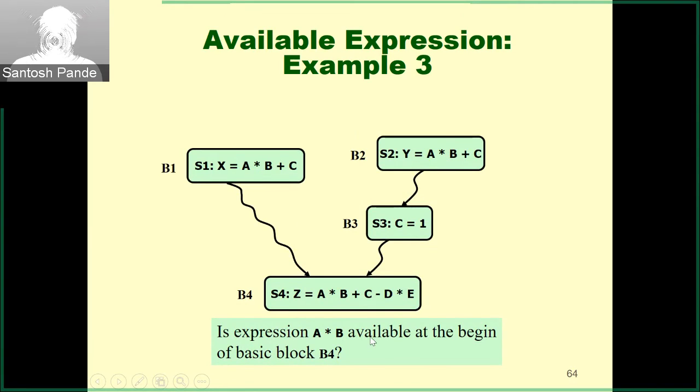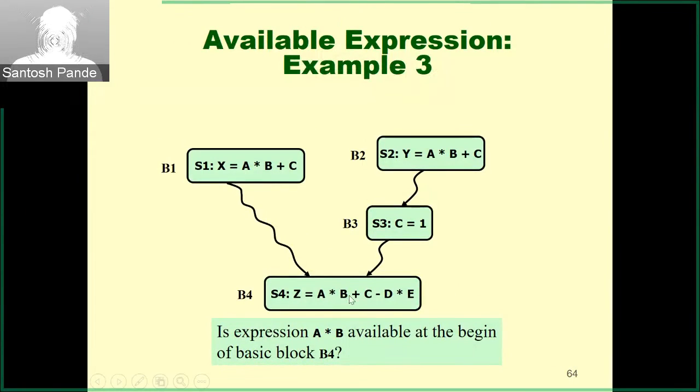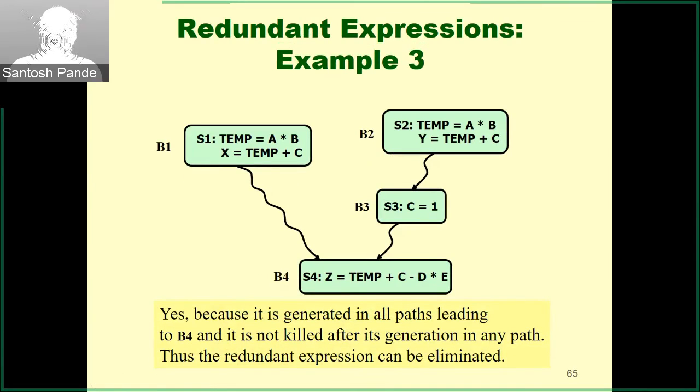And that is the same as this A star B in S4. Similarly, in S2, whatever A star B is, it is the same as A star B in S4. And so we can just evaluate the expression once, assign that to X, assign that to Y, and whatever that value is, we can just take it and use it here. And that's how we can avoid recomputation of this A star B in B4. And that is exactly what is done here.